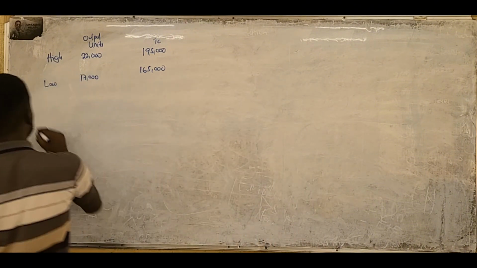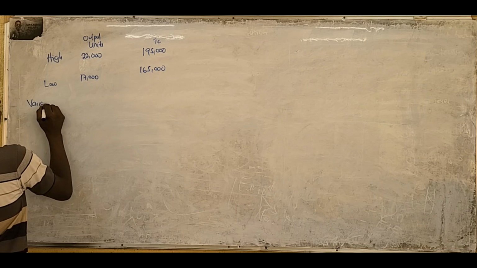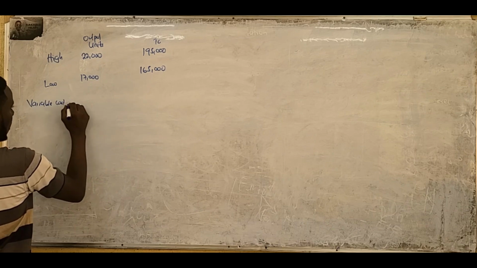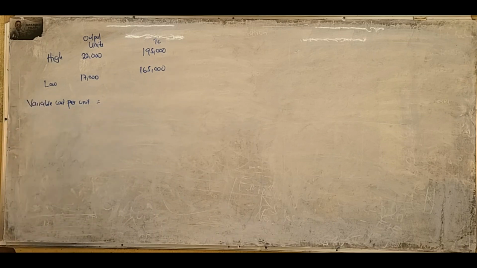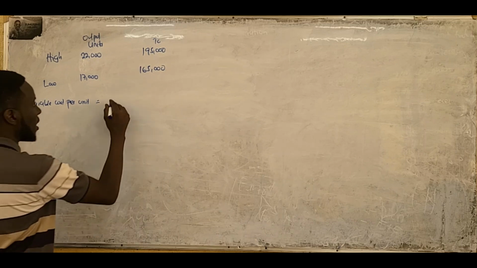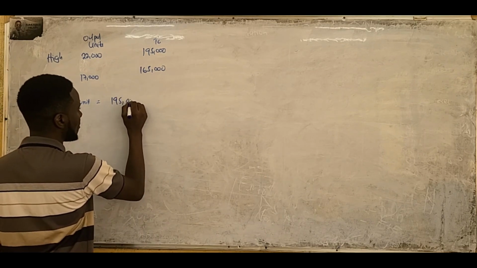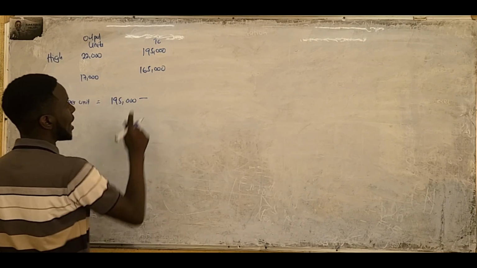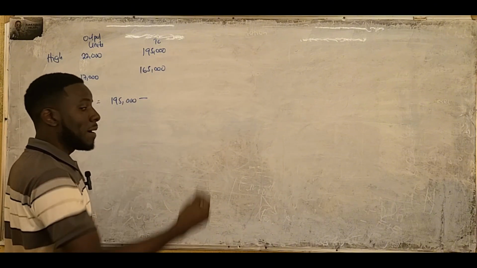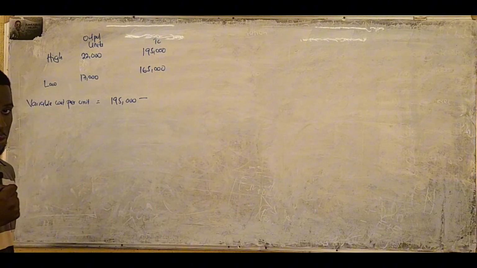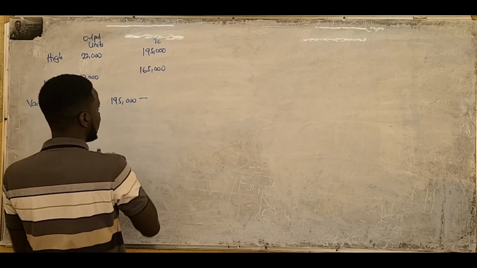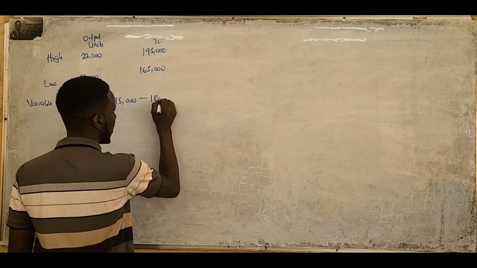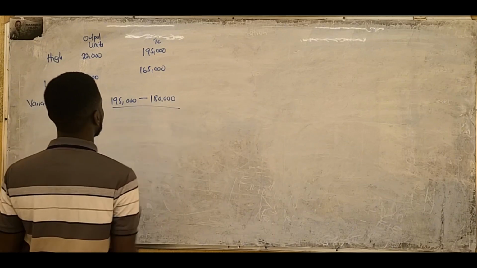Our variable cost per unit will be, now this is what I'm going to do. I'm going to add 15,000 here. So we're going to have 195,000 minus 165,000 plus the 15,000. So this one will be 180,000.